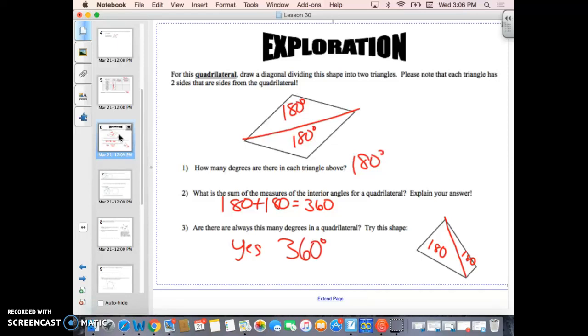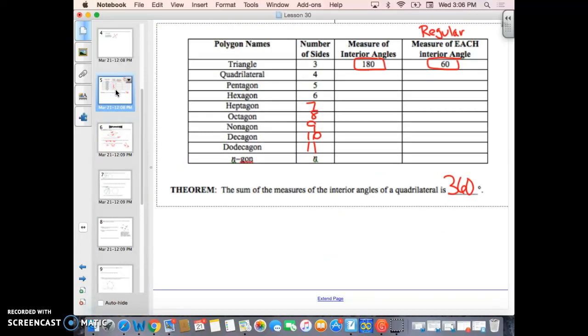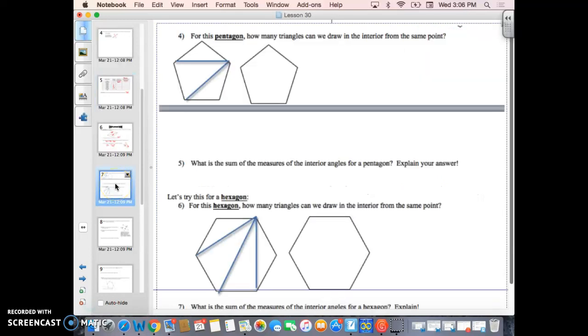Now let's think about this. Can we apply this? So go back to your chart. Quadrilateral, measure of interior angles, 360 degrees. Okay. Can we apply this to other shapes? So look at this pentagon. How many triangles can it make? Well, it can make 180, 180, 180. And it doesn't matter.